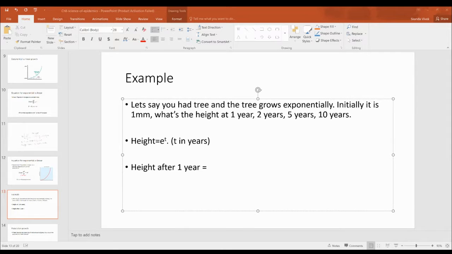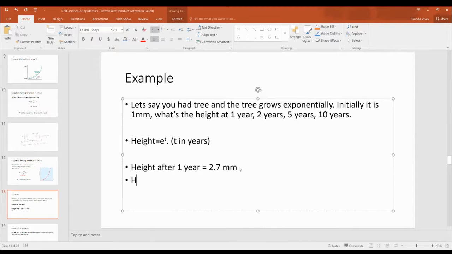That was a decay, but this is a growth. Is it 2.7? Yes, that sounds about right. So it's 2.7. What's the units? Millimeter, yes, that's correct.